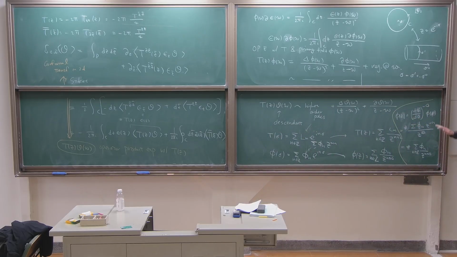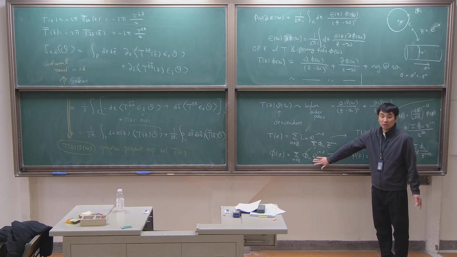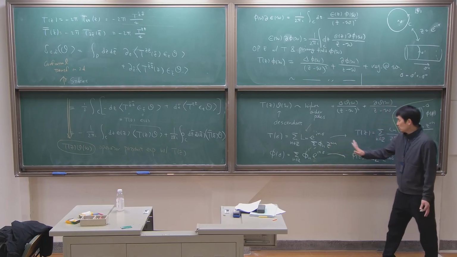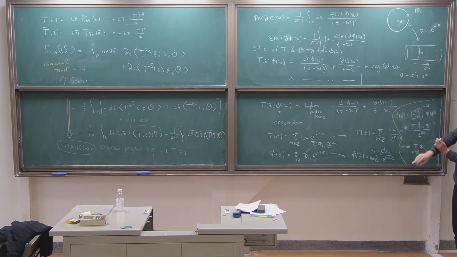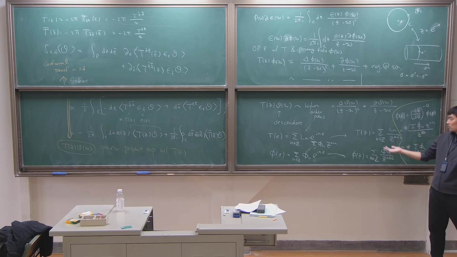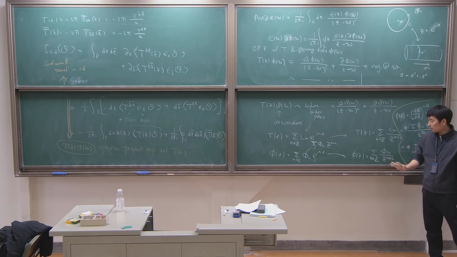It's just quantum physics. So we do the mode expansion on the cylindrical space, and move to the plane by conformal transformation and do the radial quantization. Then you always have a shift in the mode expansion by the conformal dimension, delta. That's the philosophy in conformal physics.